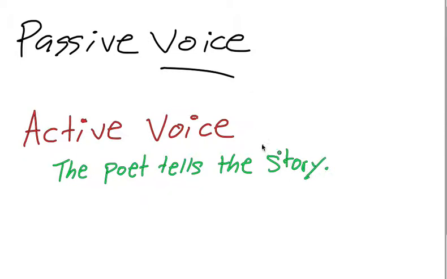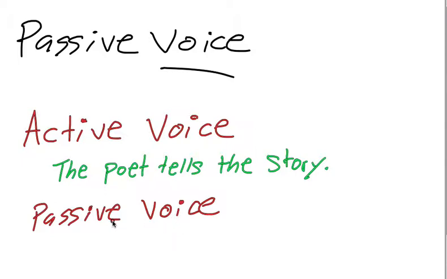This sentence is active voice, the verb is active voice, because the poet is doing the action, he's telling the story. A passive voice verb and a passive sentence means that the subject is being acted upon by the verb.